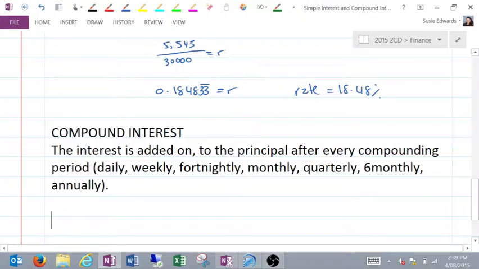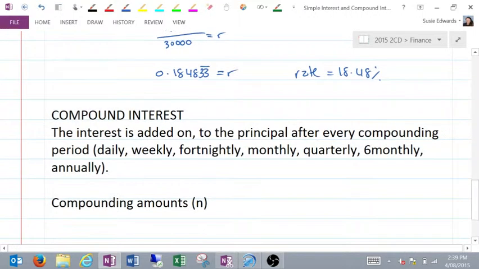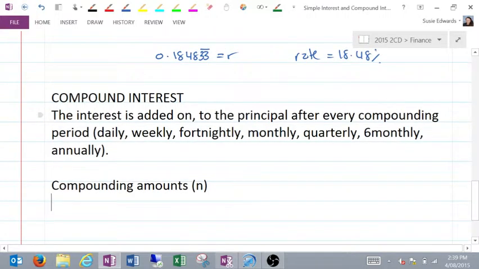Now, before we do that, we'll just quickly look at compounding amounts, and we're going to use the letter N for this. So, if we look at something which is annually, how often is the money going to be added on? Once. So N equals 1, and we're going to need to use this in our formula. Okay?